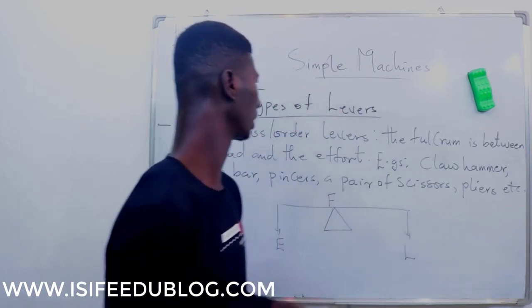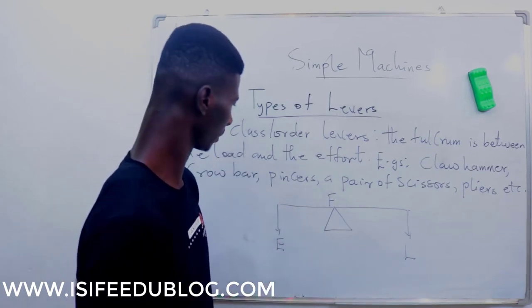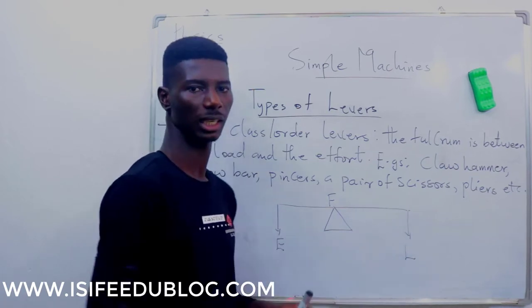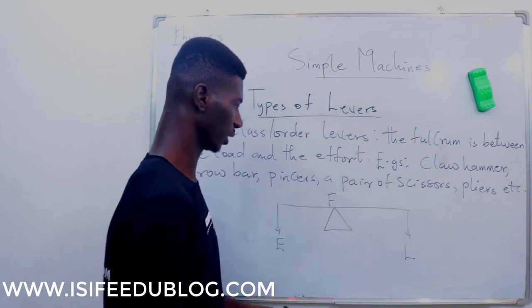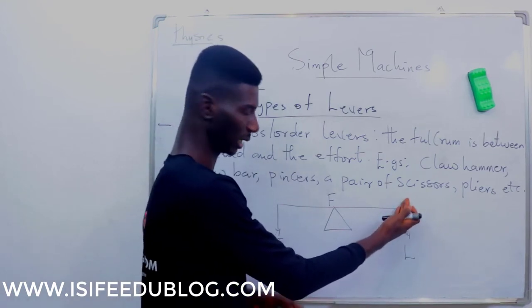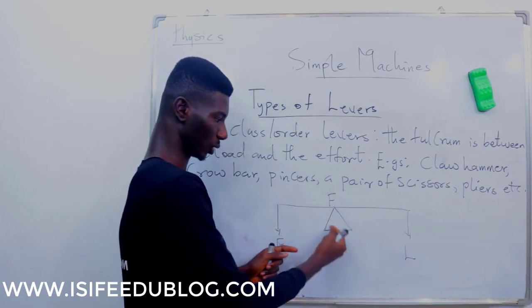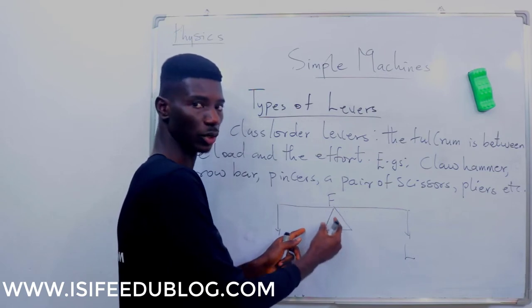Okay, now we have the types of lever. A lever, by this diagram, simply means any device like a seesaw, which we normally use in primary school. Someone sits here and the person can lift this person. Remember, there's always something between them, that is called a fulcrum.